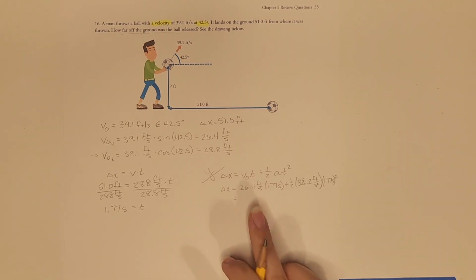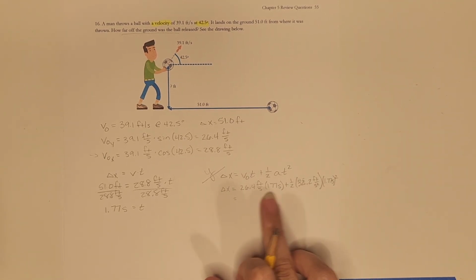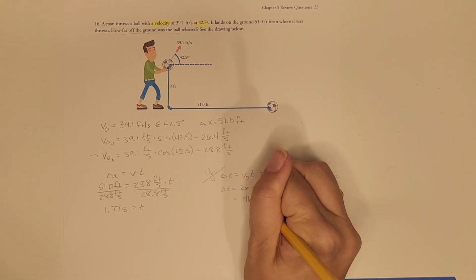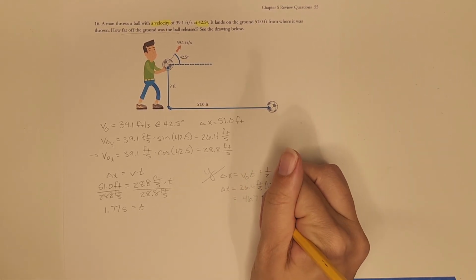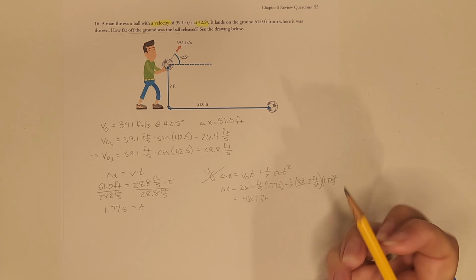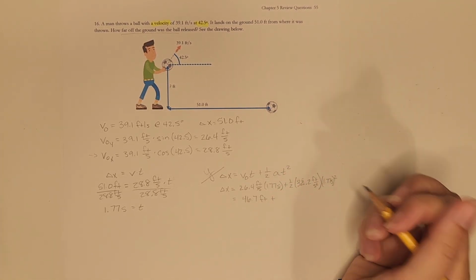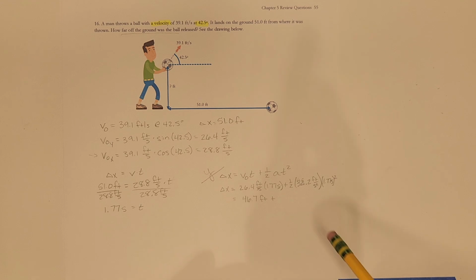So calculating out each component of this addition problem, I'm going to get 46.7 feet, because my seconds are going to cancel, plus, and this is actually going to be negative.